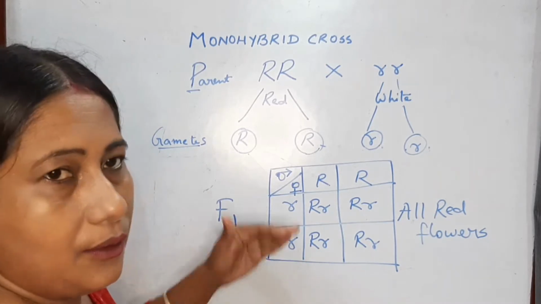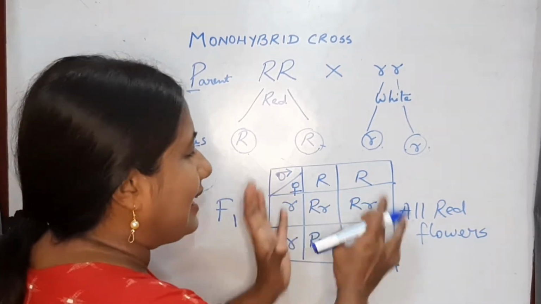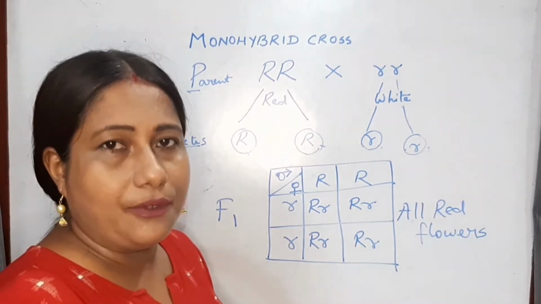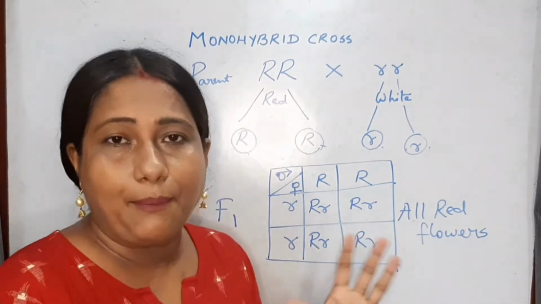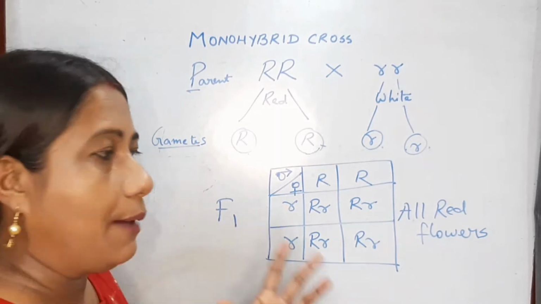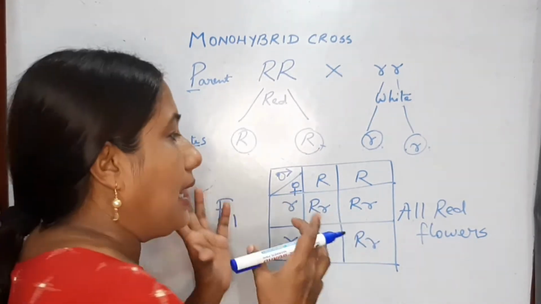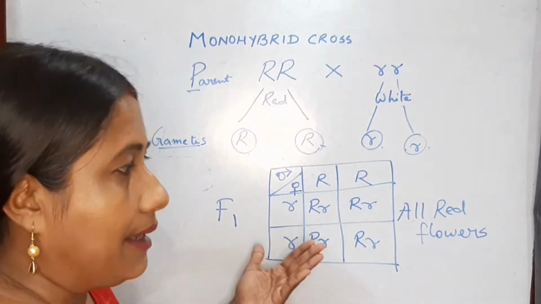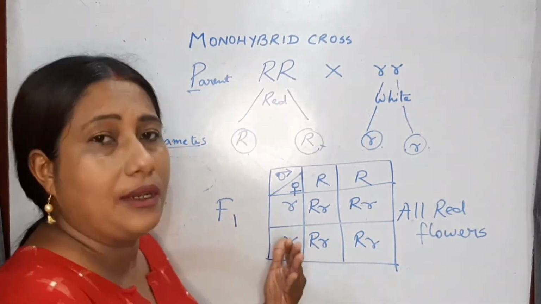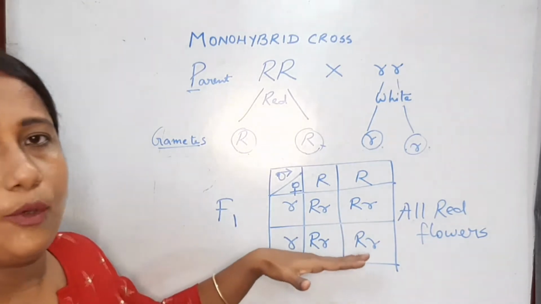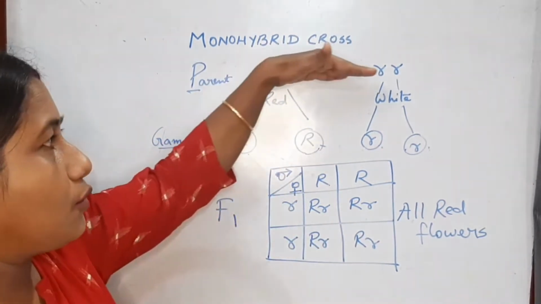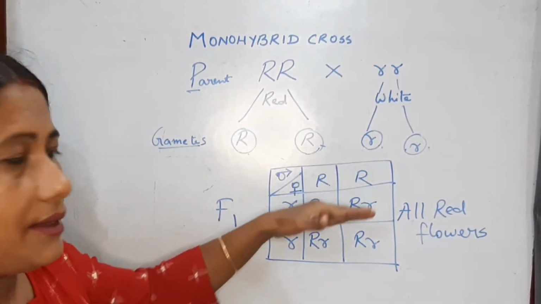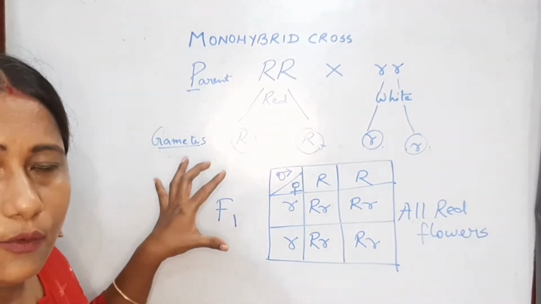Now here what we are going to do is that any two of these F1 generation plants will be selfed, that is, crossed between the F1 hybrids. Any two at random will be taken and crossed, and we will see the next result in the F2 generation. Up to this I hope you have understood how to write the parent generation, thereafter the gametes, and then the F1 generation by drawing a Punnett square, right?